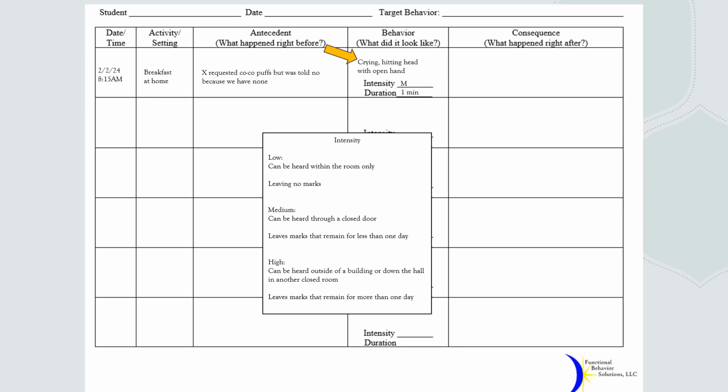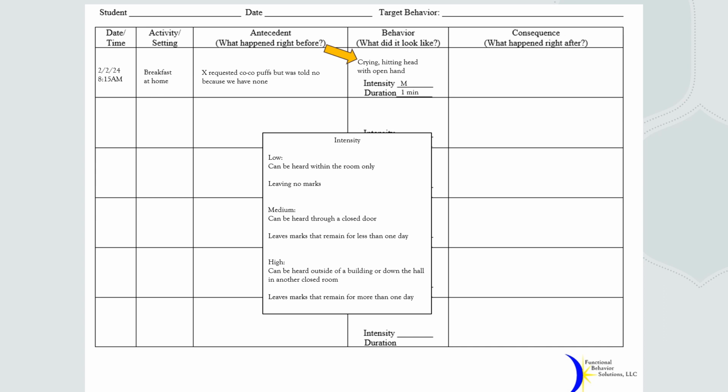I've included some examples here. So sometimes we're talking about a behavior that has a volume, and so low might be only heard within that room. Medium can be heard outside the hallway with a closed door, and high may mean that it can be heard outside the building altogether or down the hall within another room that has a closed door.